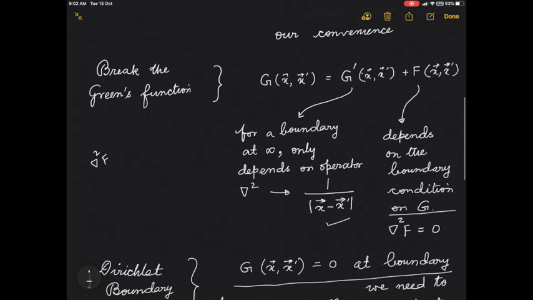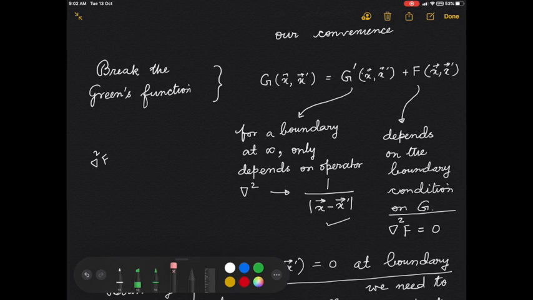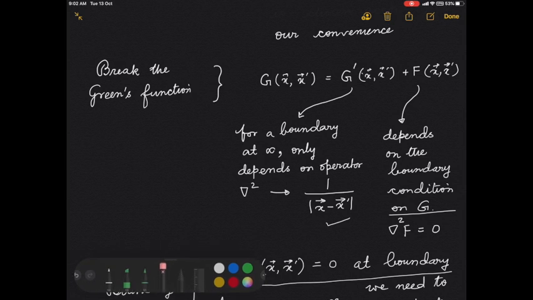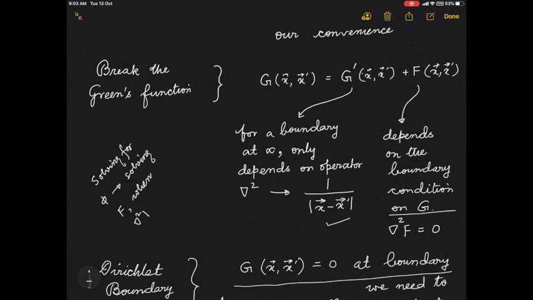So let me write it here. Solving for phi boils down to solving F when grad square F equals 0.